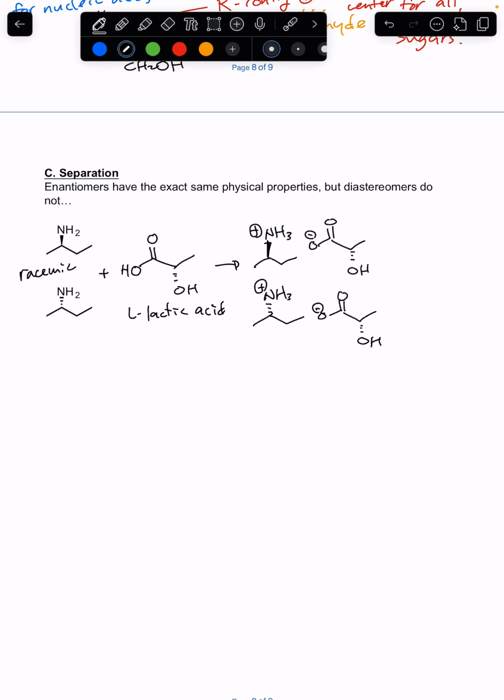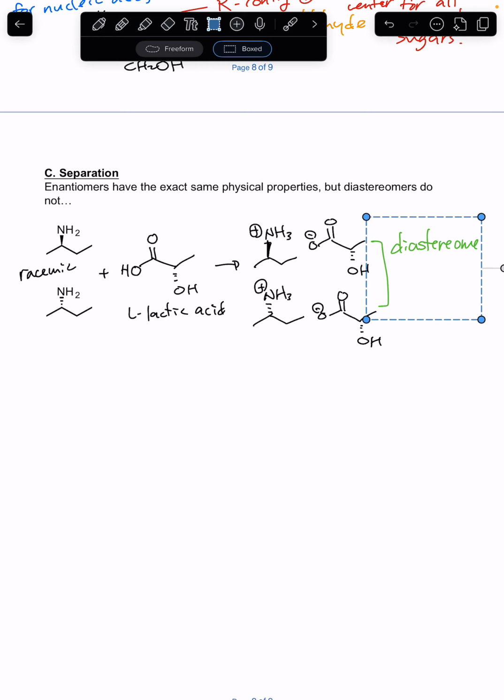So I want you to notice that these two salts have the relationship of being diastereomers, because one of the chiral centers is the same within this salt mixture, but the other chiral center is different. So these have a diastereomeric relationship. Right, two different salts have a diastereomeric relationship to each other.